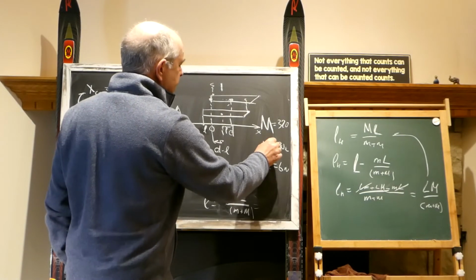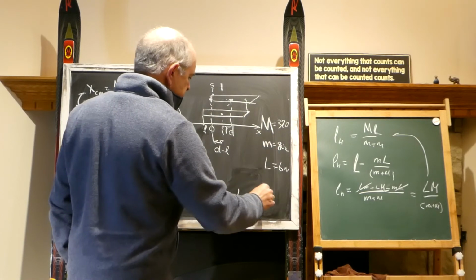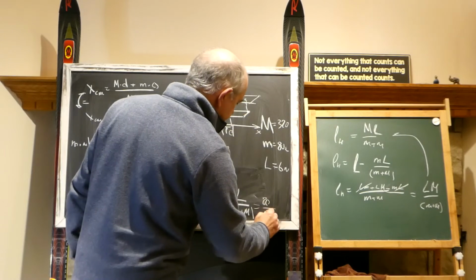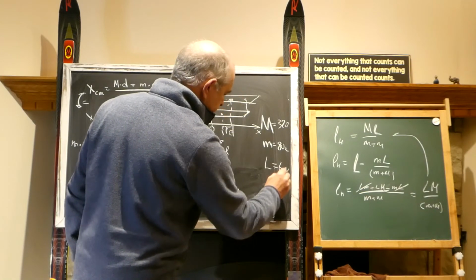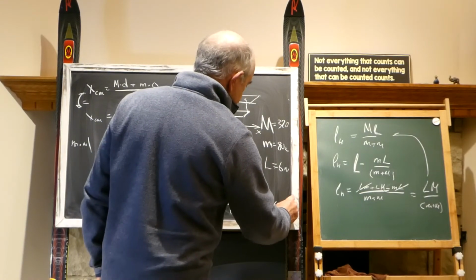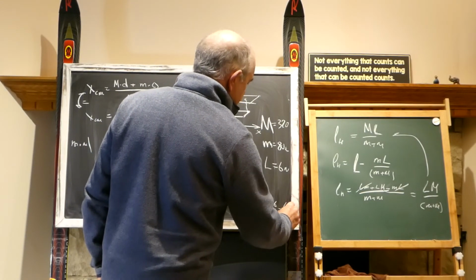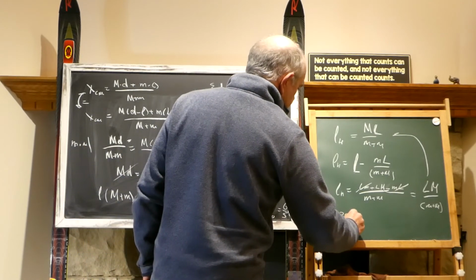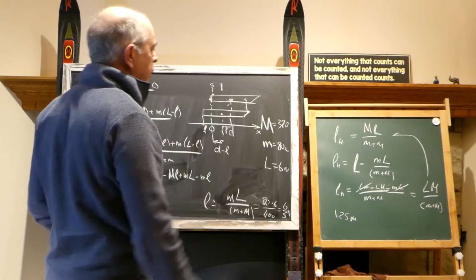So I will find l here, for example. I have mass 80, so it would be 80, and this M would be 400, and the distance is 6, so it would be 6/5 of a meter, 6/5 meters, or 1.25 meters. This is how the boat will move.